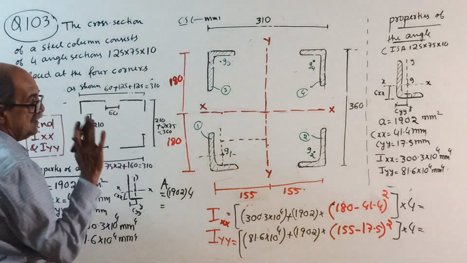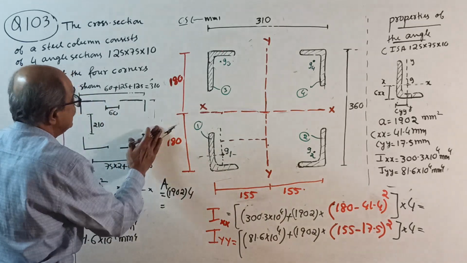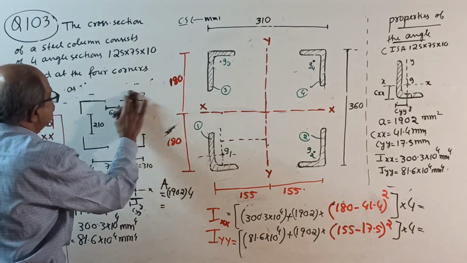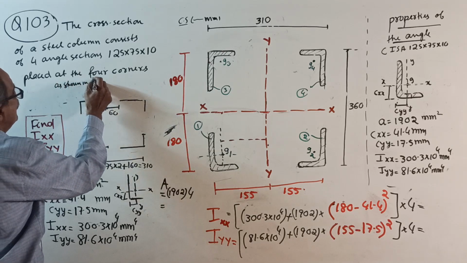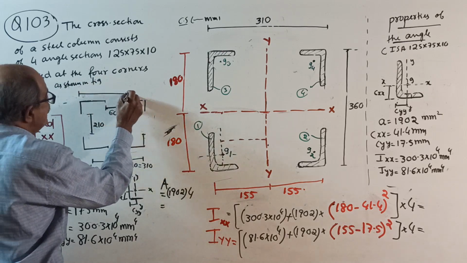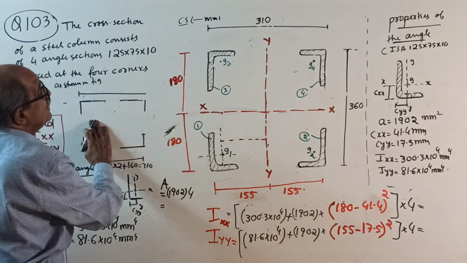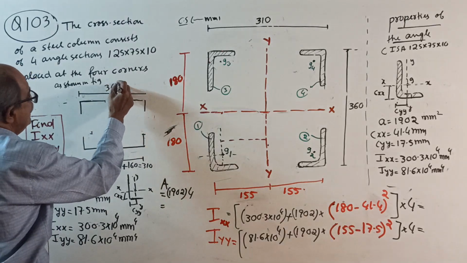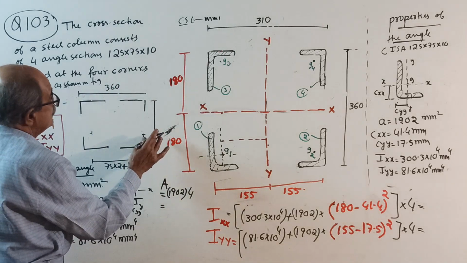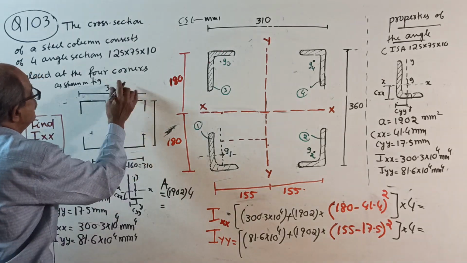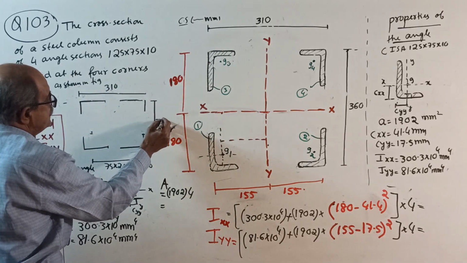But remember, make a note: in the question they told corners as shown in the figure, then they told this distance directly. This is given 360, this is given 310, this is given 360. Out of scale.